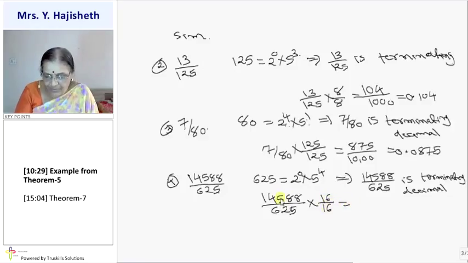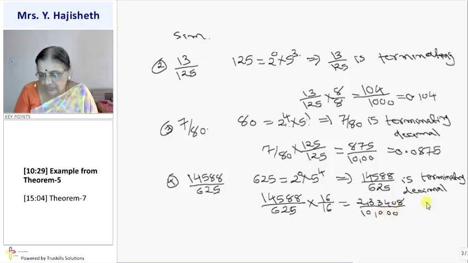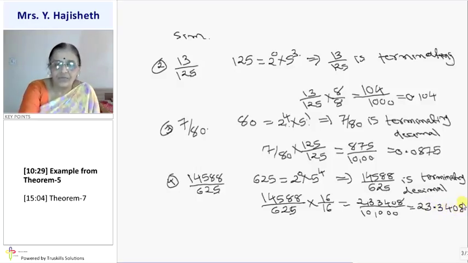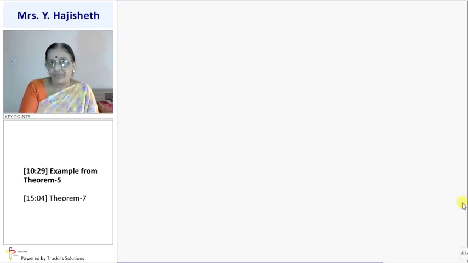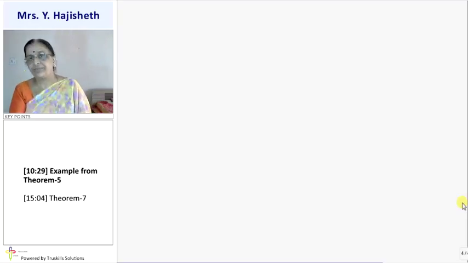So if I multiply 14,588 with 16, it is 2,33,408. Corner में multiplied करो. Divide by 10,000. So it is 23.3408. Clear? So are you clear how to decide without performing any division whether it is terminating or not?